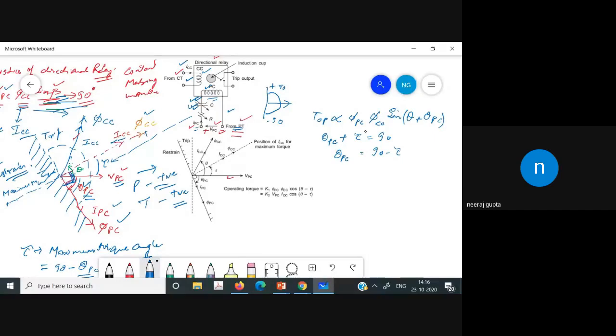Finally, substituting the value, we get T operating is directly proportional to theta phi PC, phi CC.